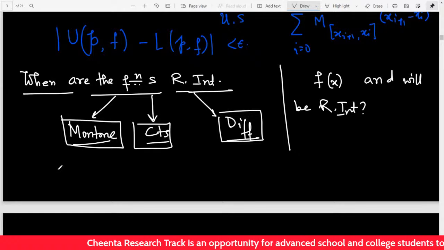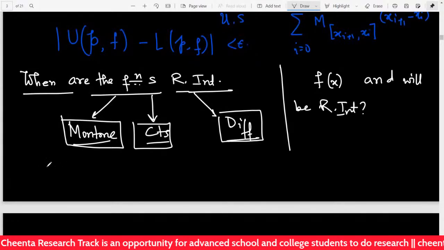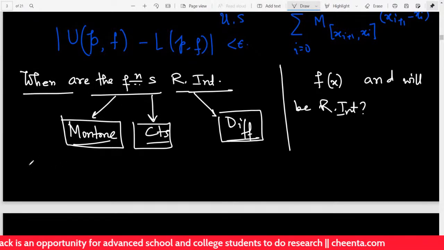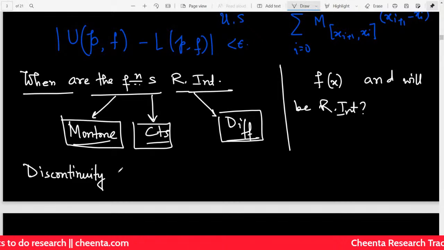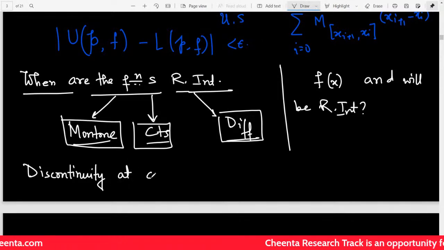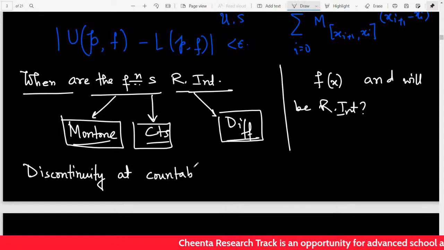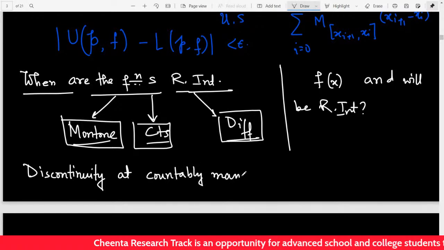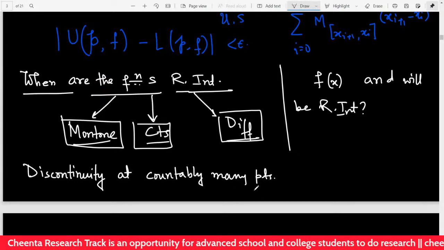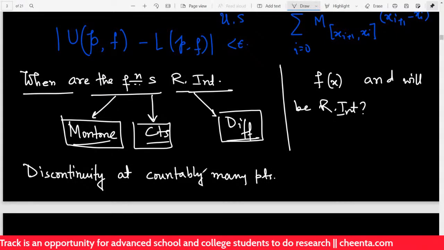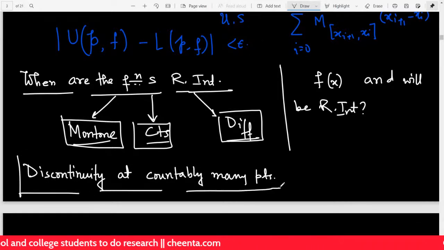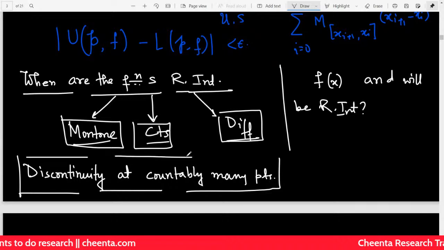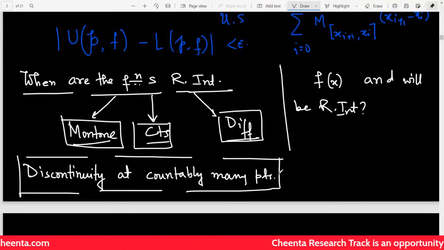The interesting part of Riemann integrability is that if a function has discontinuity at countably many points, then the function is always integrable.